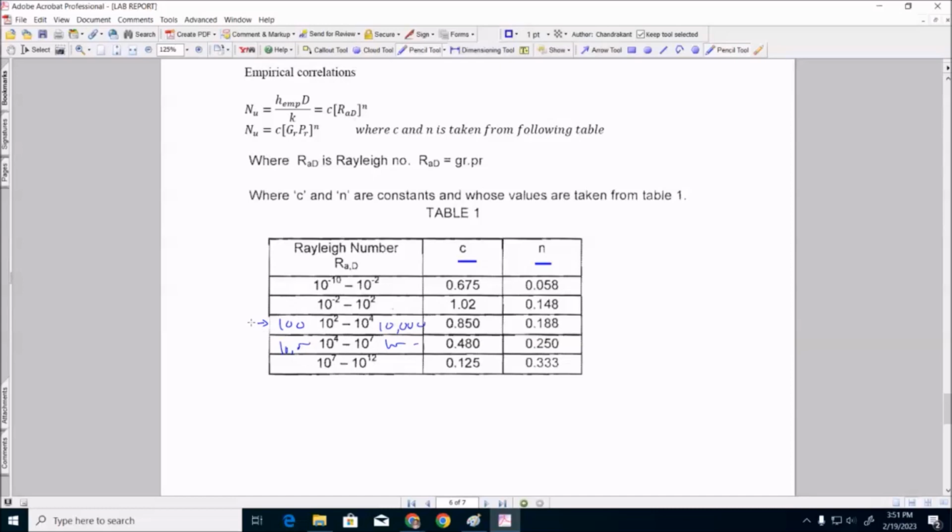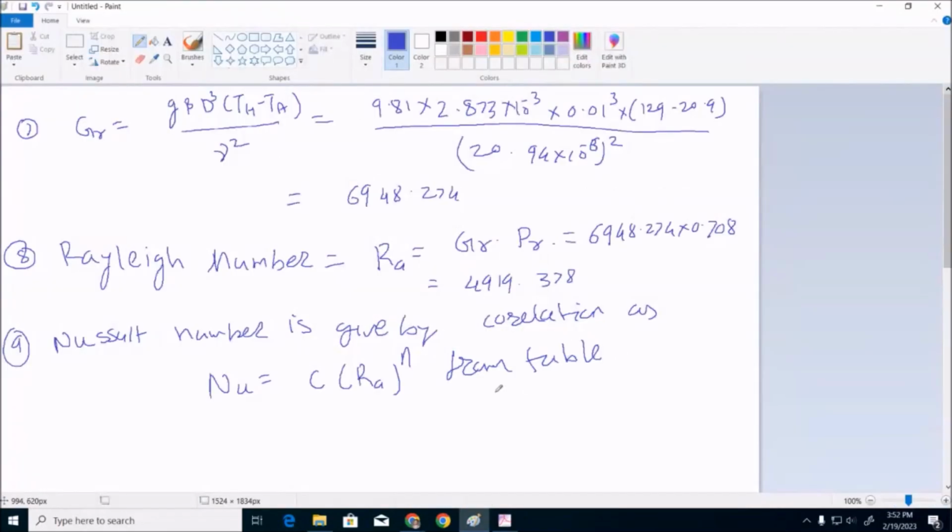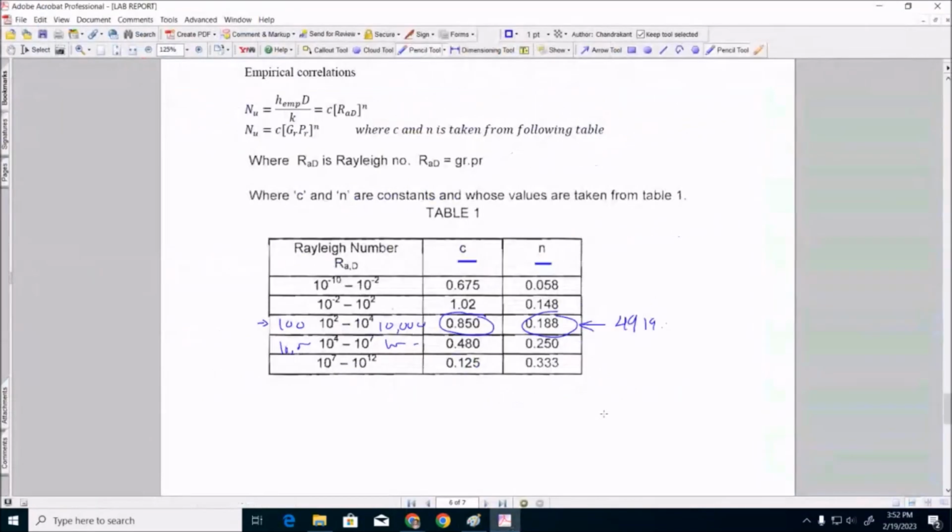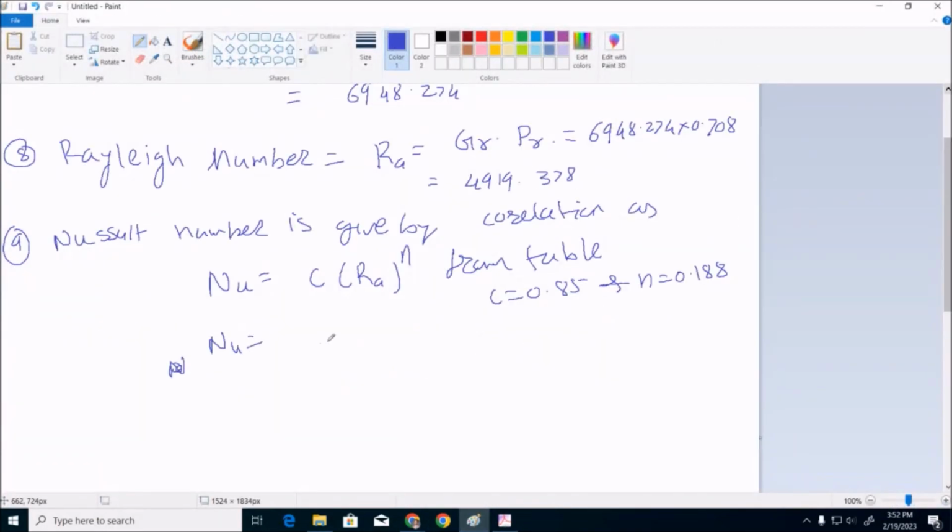And our number is 4,919, near about 5,000. So we need to choose C and n from the given table. C is equal to 0.85 and n is equal to 0.188.